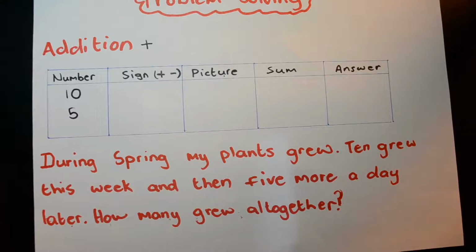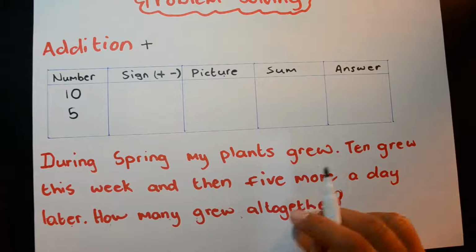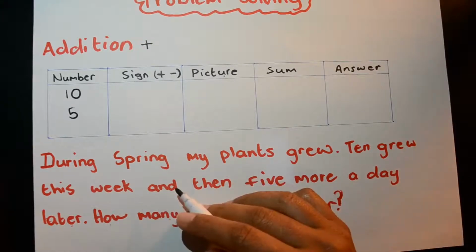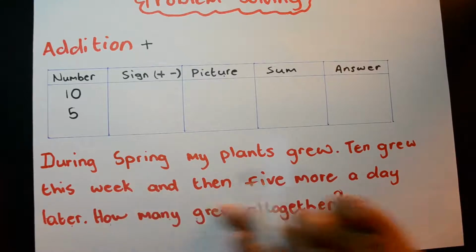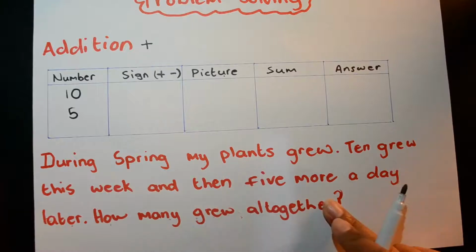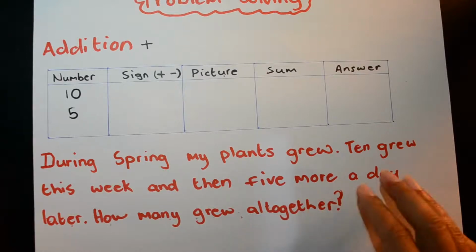Okay, so here I know that it's a plus sentence because it talks about 10 grew this week, and then 5 more a day later. But the question they're asking you is how many grew altogether? This word grew is explaining, and altogether means they're asking you all together.